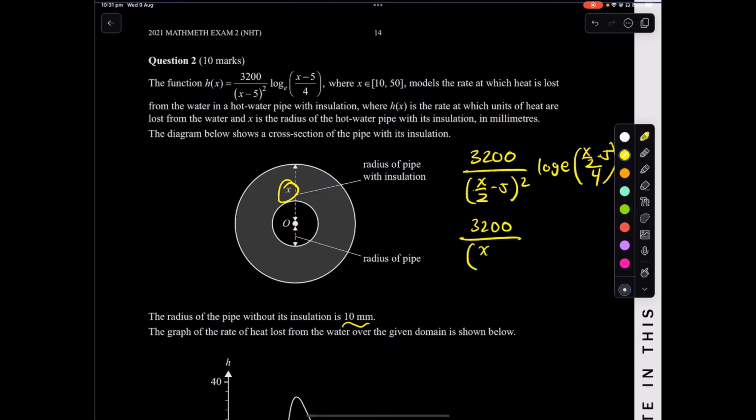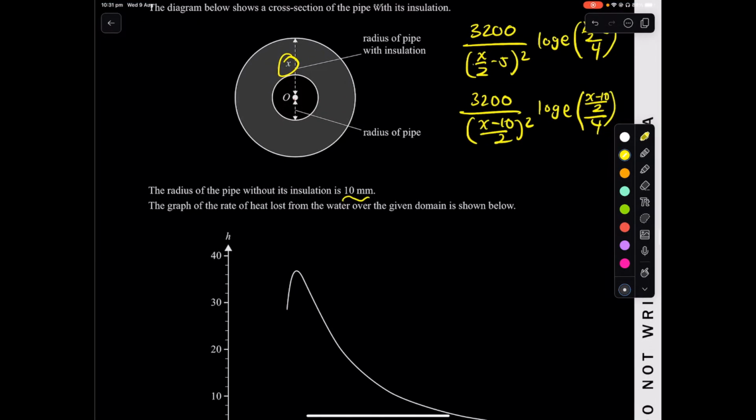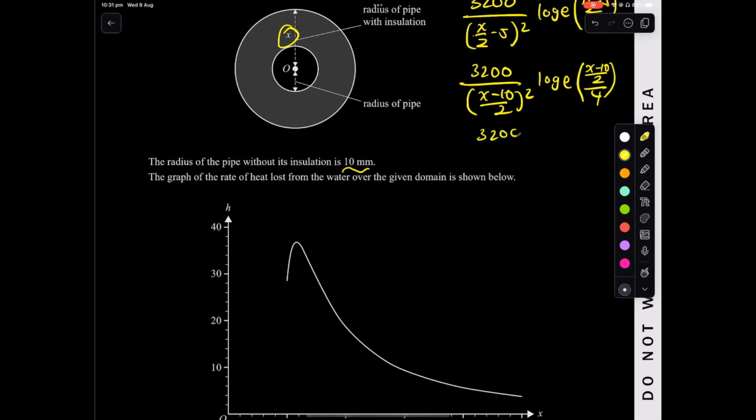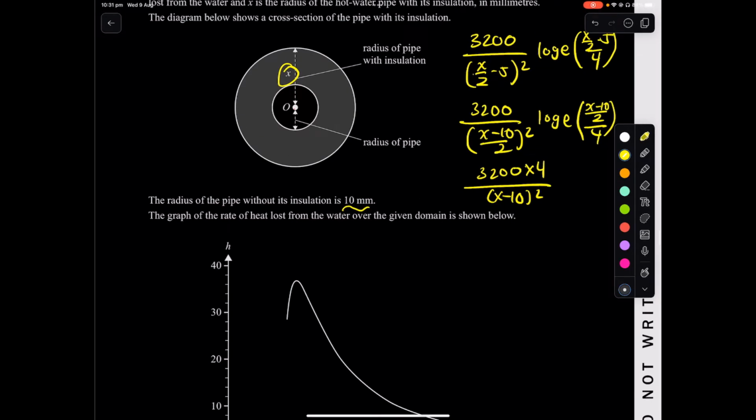It means that (x minus 10) over 2 squared, log e of (x minus 10) over 2, all over 4. The 200 will be multiplied by 4, and this will be (x minus 10) squared and log e, divided by 4, of (x minus 10).